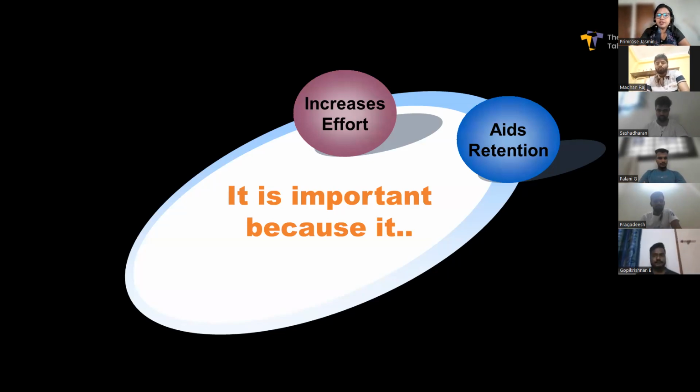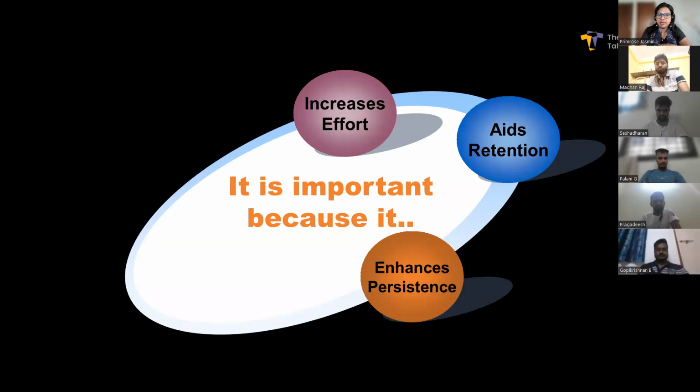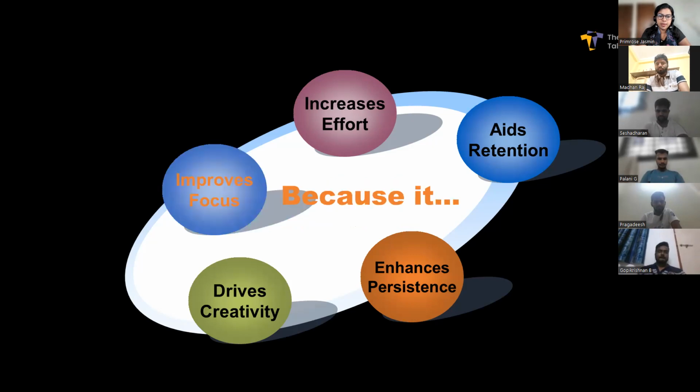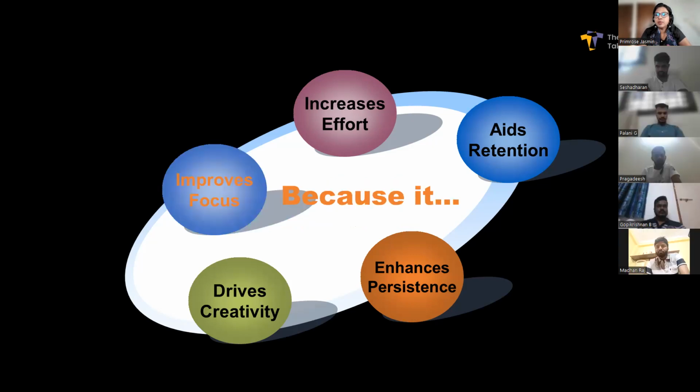So it will aid retention. You will stay long in an organization. It will also enhance your persistence. Though many escalations are coming in, you will take it as a challenge. It will drive creativity, because many people already said that they like to do new things. And all this will help you improve your focus at work. So these are the benefits of the 4 drives.